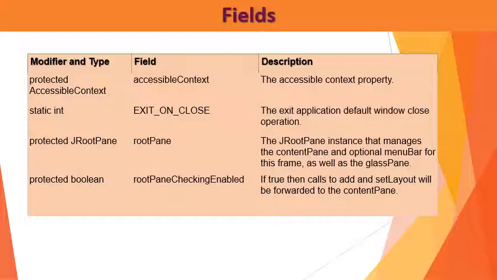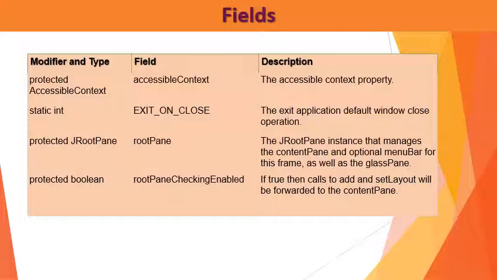The field name is accessibleContext, and the description is the accessible context property we can use in the program. The next modifier is static int. This field is EXIT_ON_CLOSE, in capital letters, which will be used to exit the application when we close the window.